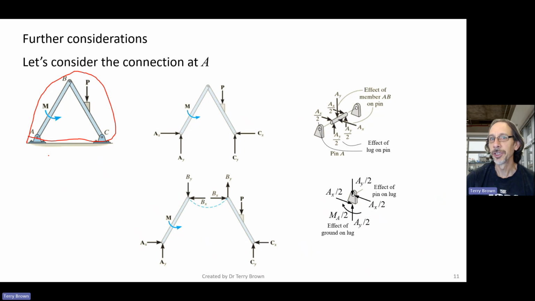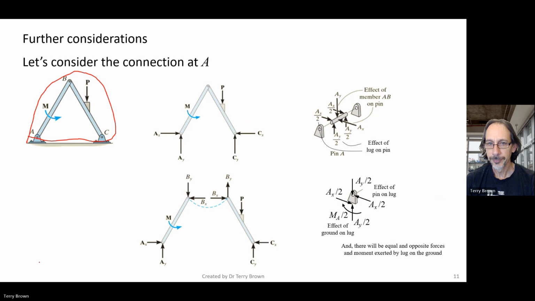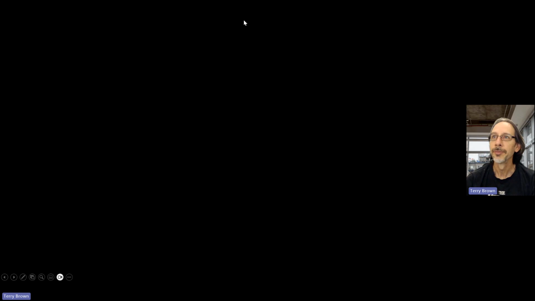So that's just a further consideration, to point out that there's more to engineering mechanics and structural analysis than the simple textbook problems would initially lead you to think. I've written that down in the bottom right hand corner there, and I think that might be the end of the further considerations.